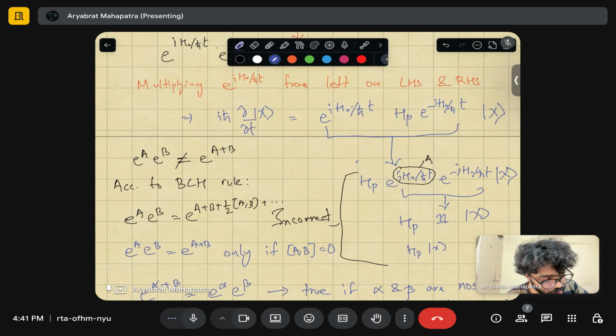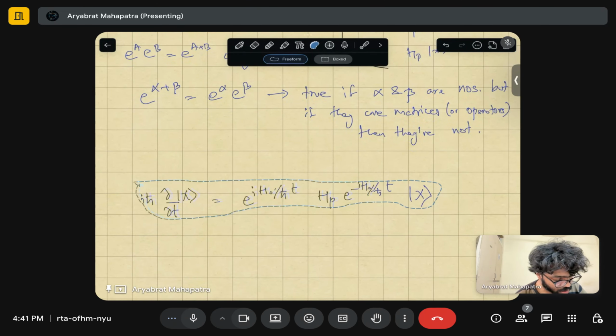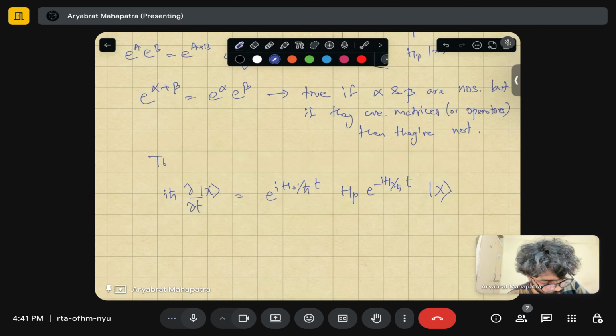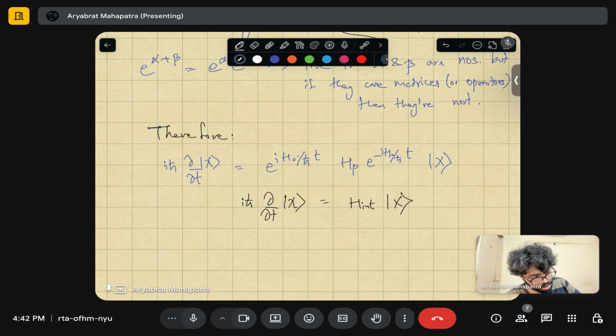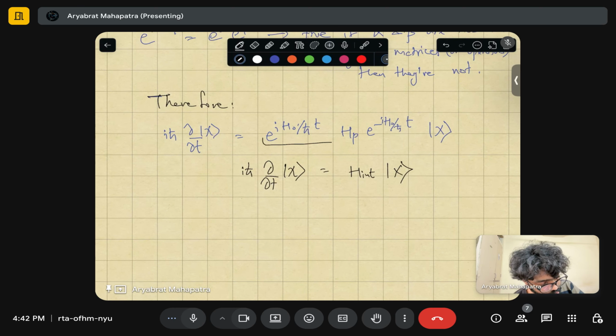So from here, therefore, you can write, not minus, this would be simply i h bar del t chi equal to H int chi. So this H int is basically this.